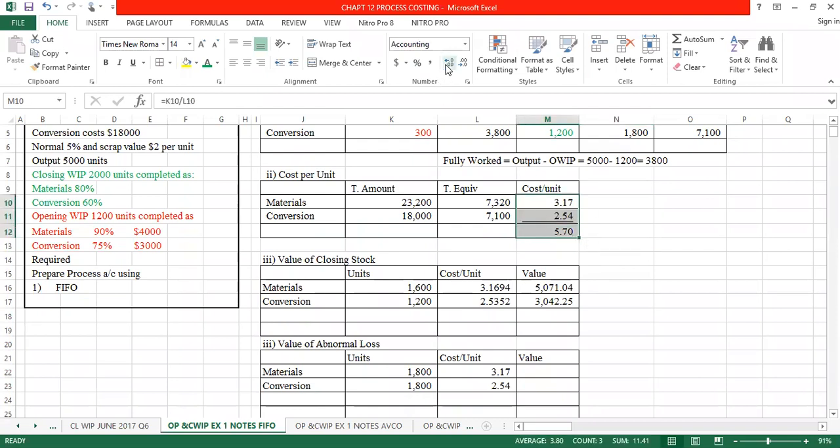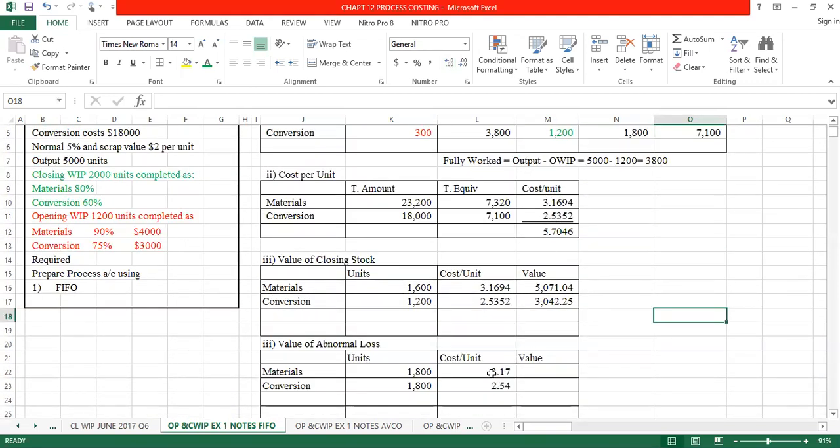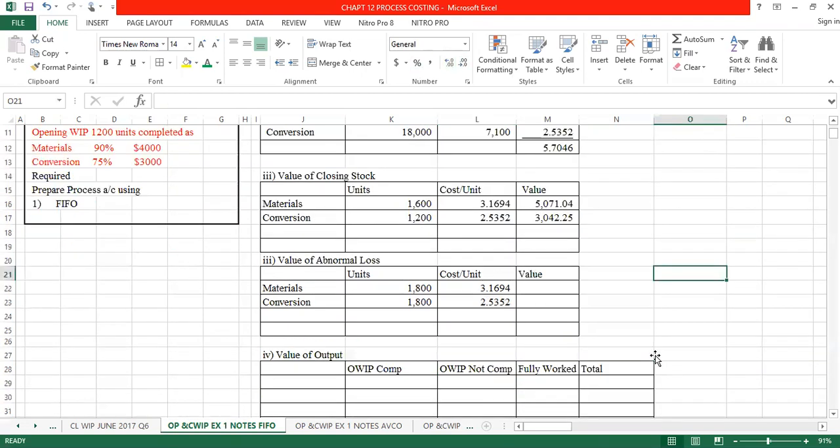I'm just trying to be consistent. Okay, cost per unit is that. Cost per unit is given there.